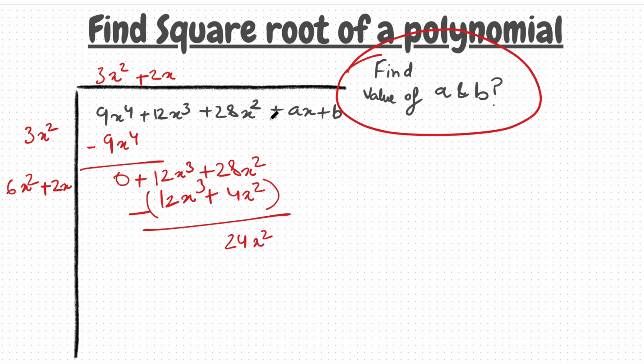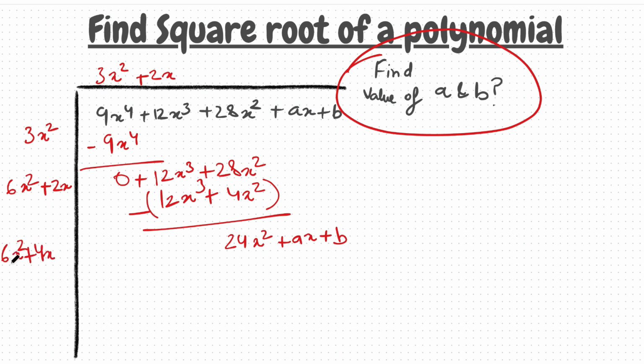And now next take this plus a x plus b down. Now next let's write the double of our answer here. So that would be 6x square plus 4x.